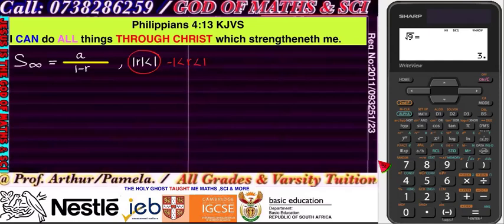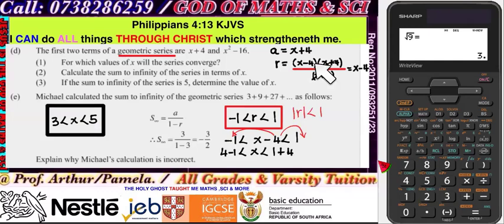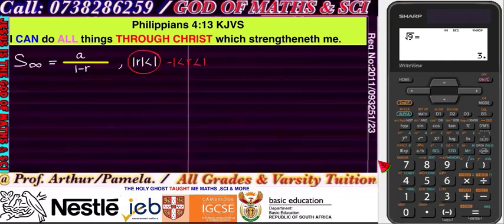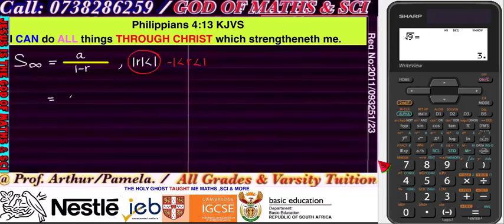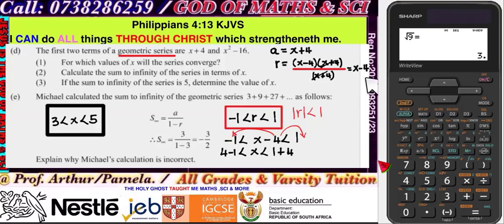First, I need to know the a value and the r. We have already determined them here. The value of a was given to be x plus 4, so the numerator is x plus 4. Then we divide by 1 minus r. What is r? x minus 4.